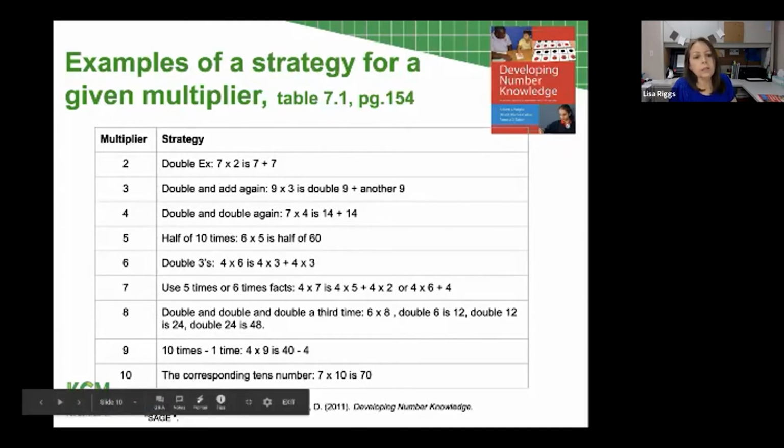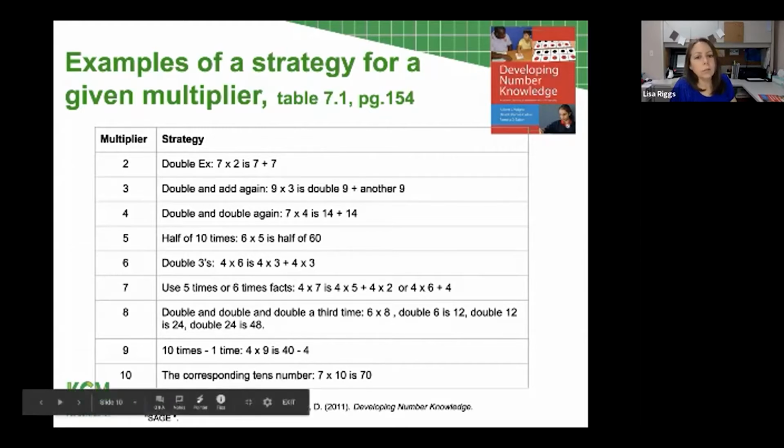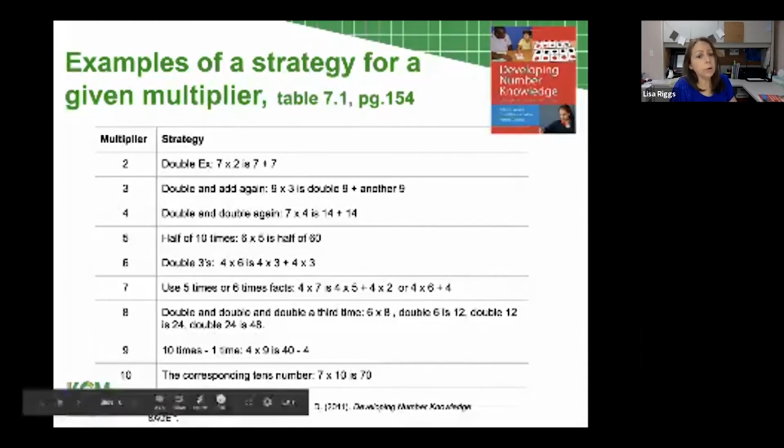And for our 10s, students learn those pretty easily because it just corresponds with the 10's number. So 7 times 10 is 70 in those decade names. And so those are some of those strategies that, as I said, are found in table 7.1 in the Red Book on page 154, if you have that text.